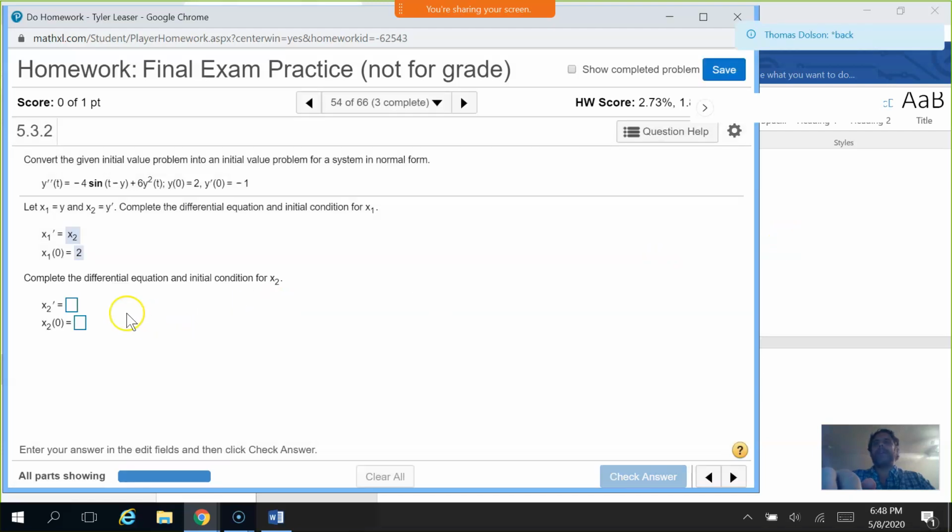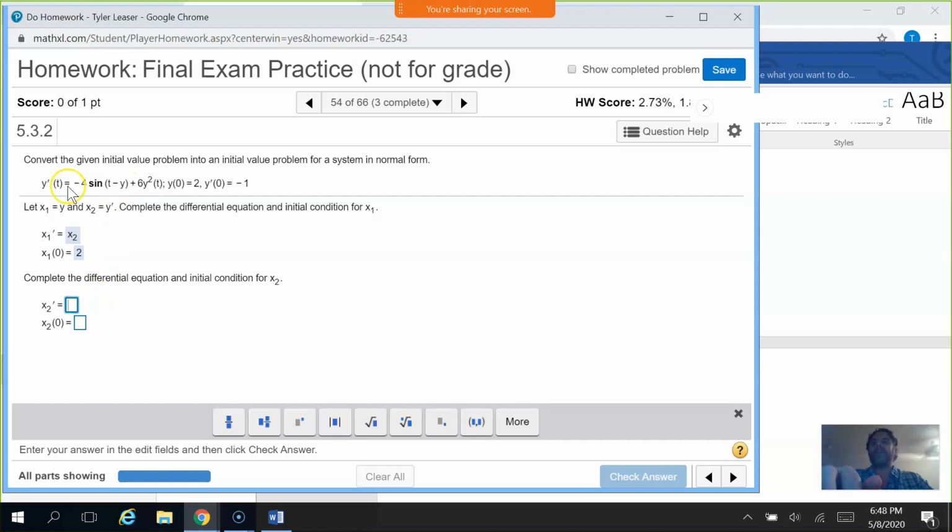Okay. And then the second thing, so complete this one, x2 prime. Well, x2 prime is the derivative of the right-hand side, which is y double prime. But y double prime is given to us up here. y double prime is all of this stuff. But we have to be careful because we want to write this stuff in terms of x1s and x2s.